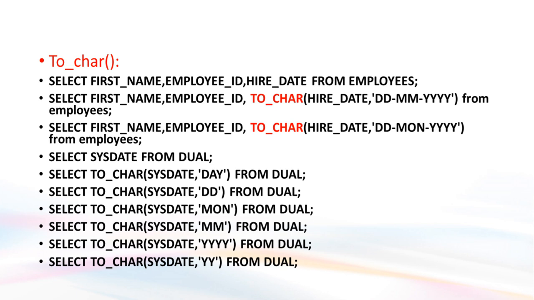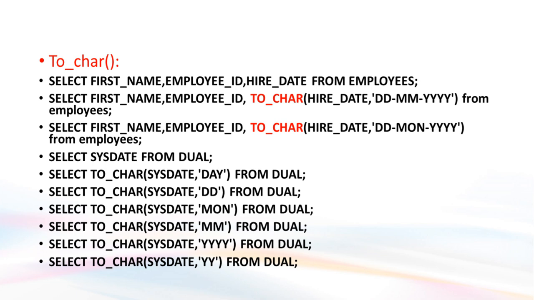So for example, the second statement: select first_name, employee_id, to_char of hire_date should be this. This is the format dd_mon. There is a difference between mm and mon. I'll tell you what the difference is. Okay. Now yy. Whatever date format we provide here, the existing date will be converted into that particular format. So if you want to convert the format, we need to provide to_char.